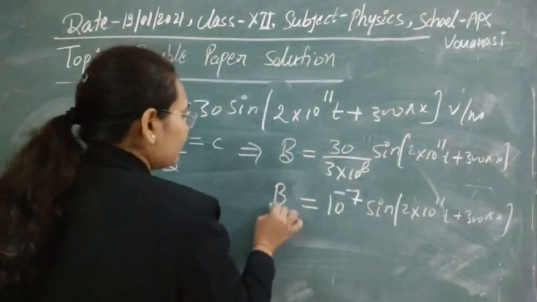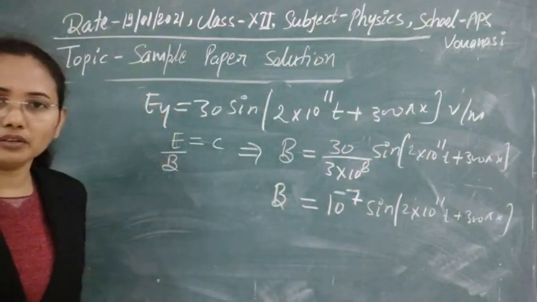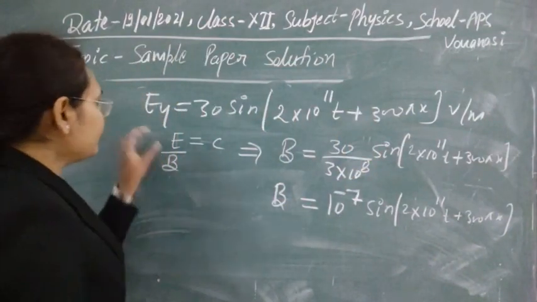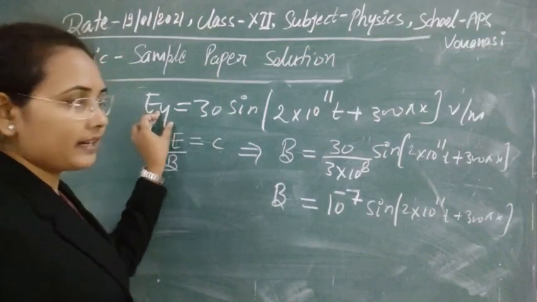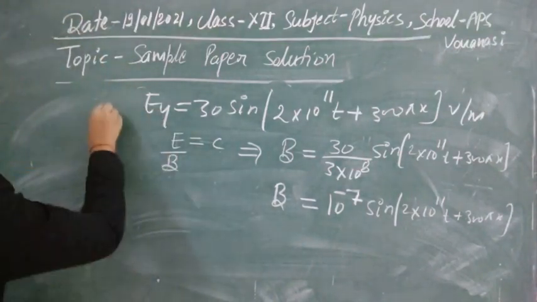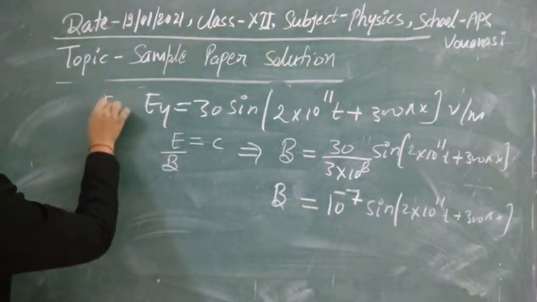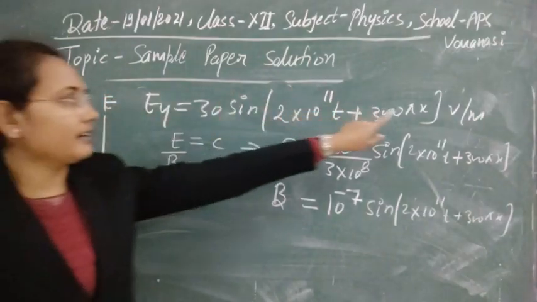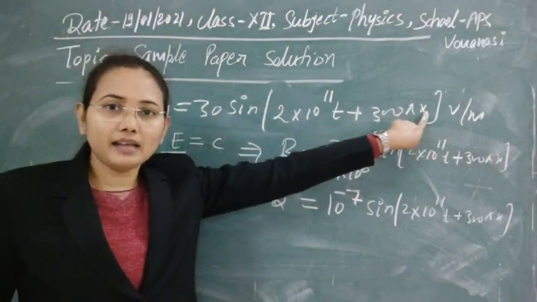And here, how you find the direction of B is also very important. The electric field is given in the y direction, and the direction of propagation, given by kx, is in the x direction.